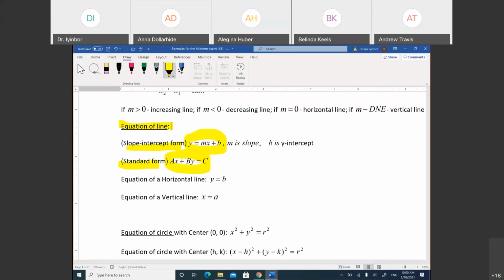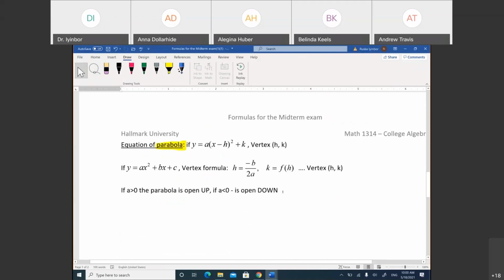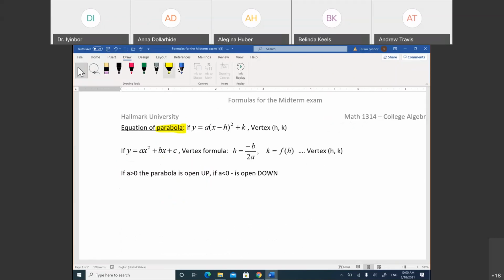Two equations, two different forms. Linear function has a line as its graph. Now, when it's quadratic, the graph is called a parabola, and we also have two types of equations.